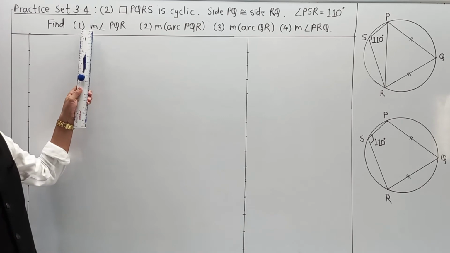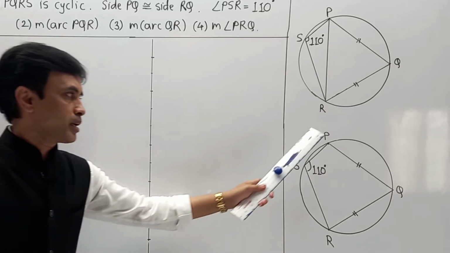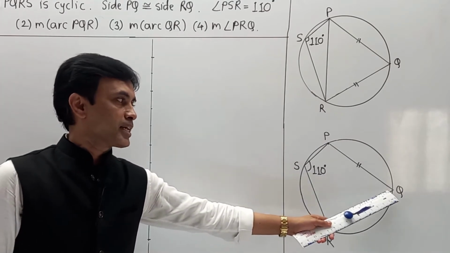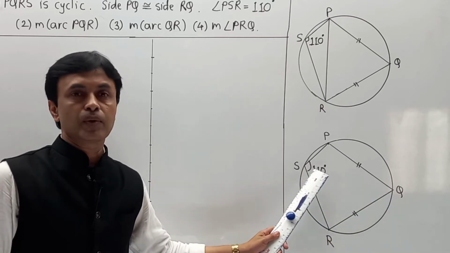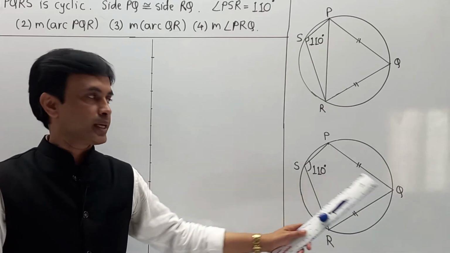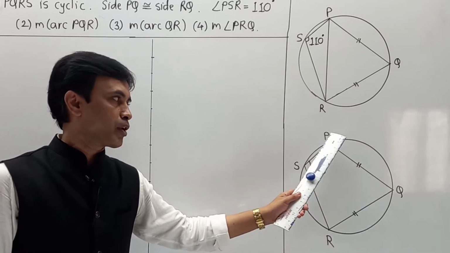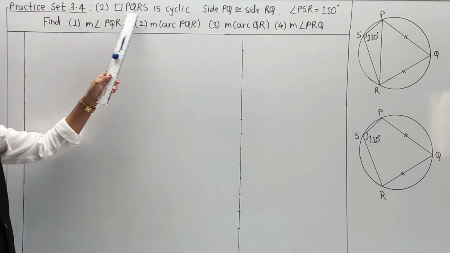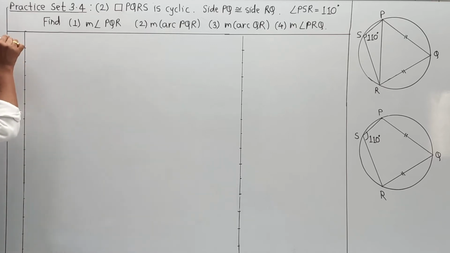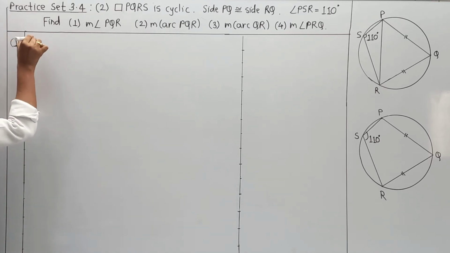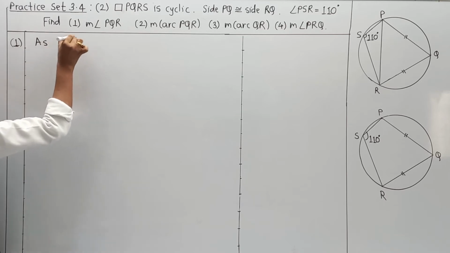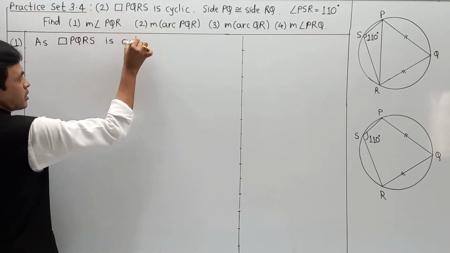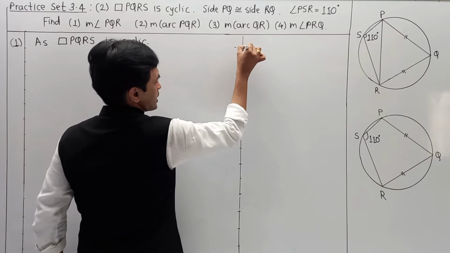Now first of all we have to calculate major angle PQR. Remember, if angle S is 110 and angle S is opposite to Q, then in a cyclic quadrilateral opposite angles are supplementary. Now we are using that property to get the value of angle PQR. So first, as PQRS is cyclic, they have given, so I am going to write the reason as given.